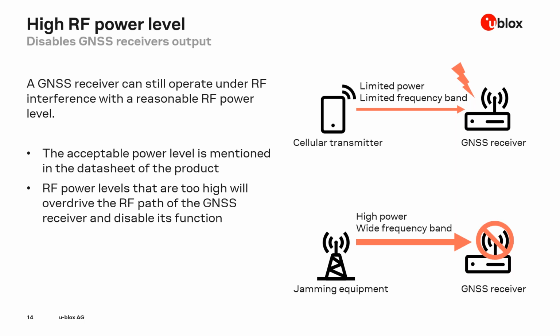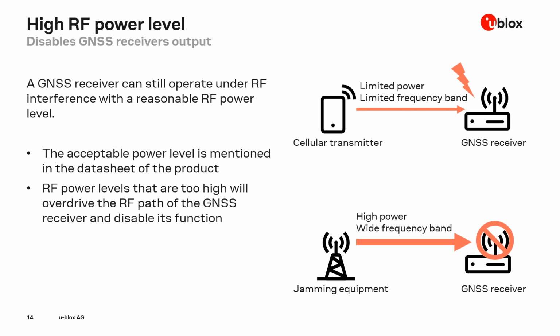Please have a look in the data sheet of the product. You can see what the maximum allowed power level is. If this is too high, you basically overdrive the RF path of the GNSS receiver. Later on we see a detail there. For example, the low noise amplifier, which is one part in the RF path of your circuit, could get overdriven.